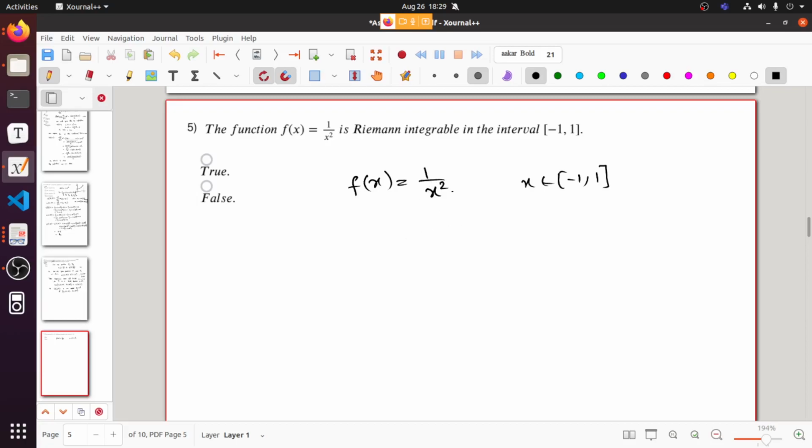So you can define it to be 0, but then it will not be continuous.